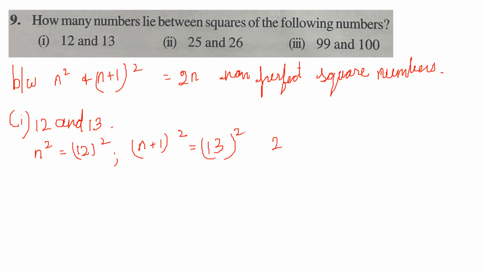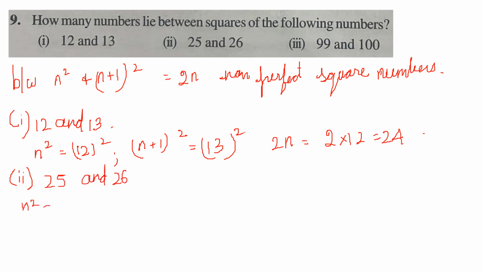So our 2n is equal to 2 into 12, which is equal to 24. So between the squares of 12 and 13, there are 24 non-perfect square numbers.